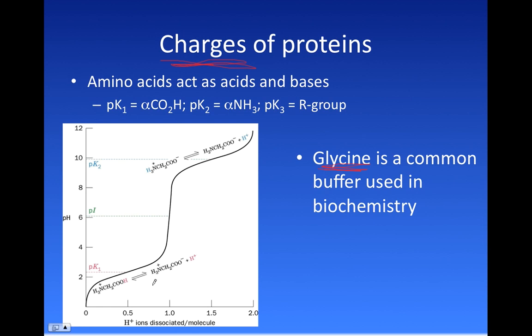Well, we already know that all amino acids have an amine group and a carboxylic acid group, and if we look at a titration curve that we have over here of glycine, we can think about what is the overall charge on glycine under different pH conditions.